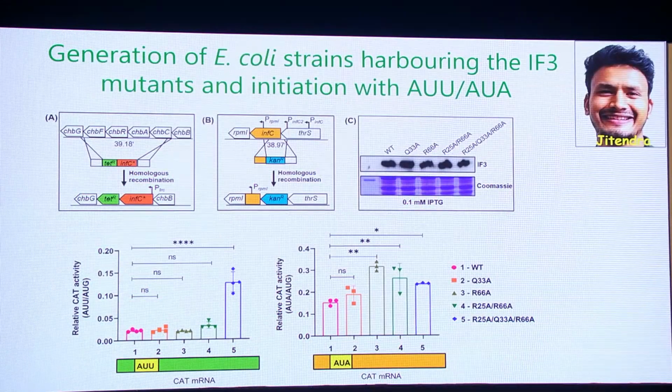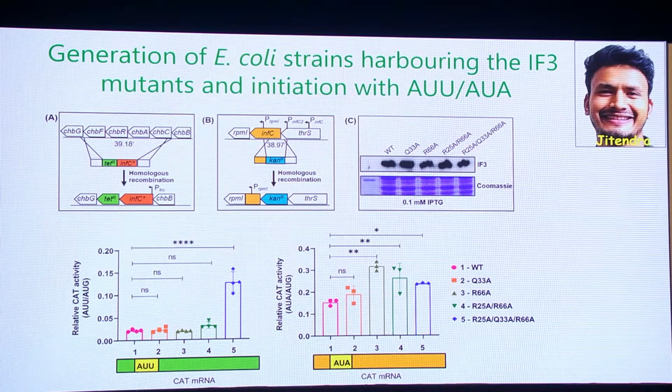What Jitendra then did in the lab was he mutated the initiation factor 3 region in the genome, and he inserted a kanamycin locus at the original locus. We have to be a bit careful because there is a promoter for one of the ribosomal proteins there, so he was very careful doing that.